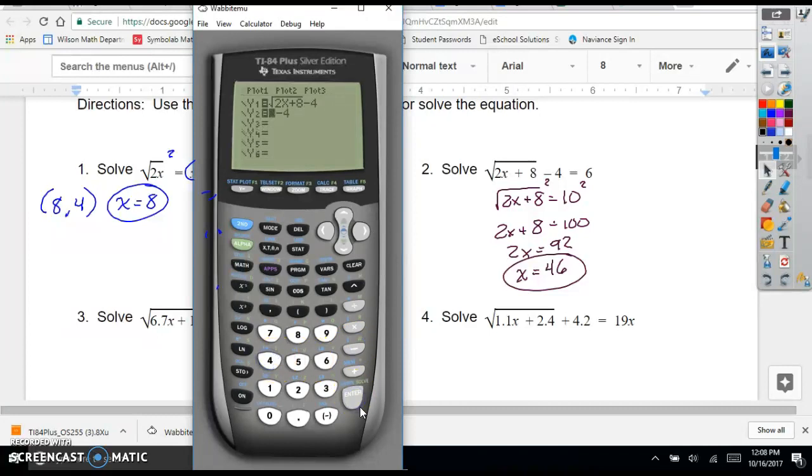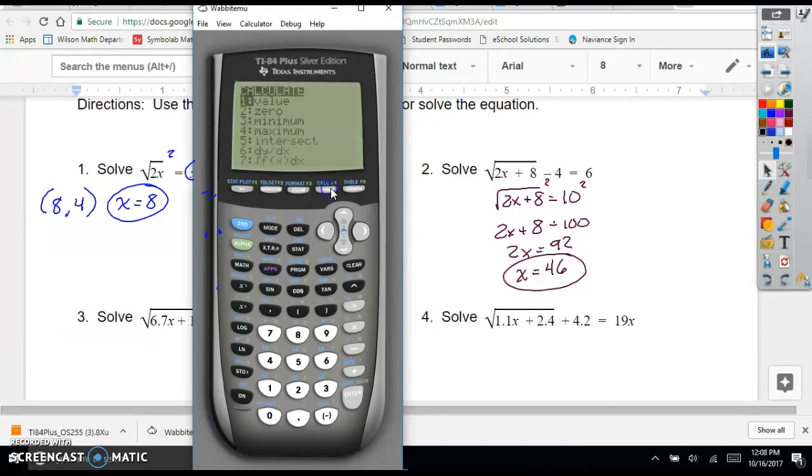There's my y1, and that's going to be equal to 6. So as you can see, I have to change my window to be up to 50. So there's the square root of 2x plus 8 minus 4.